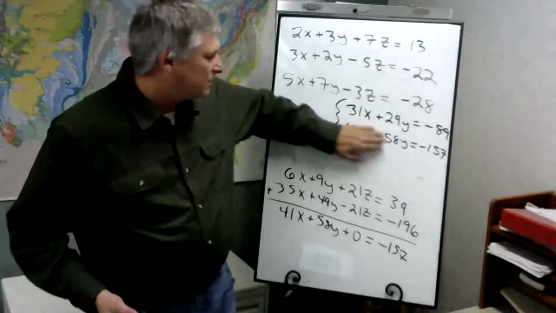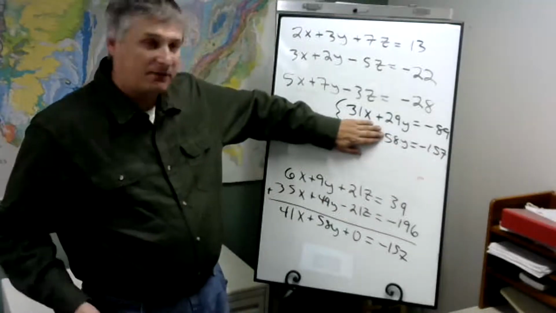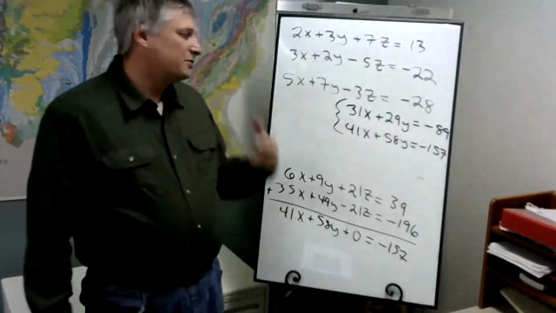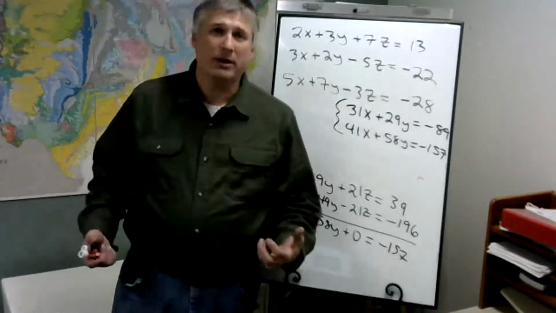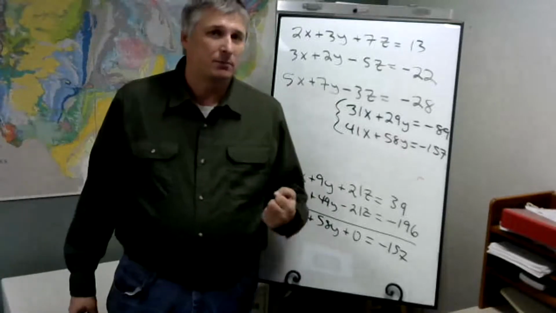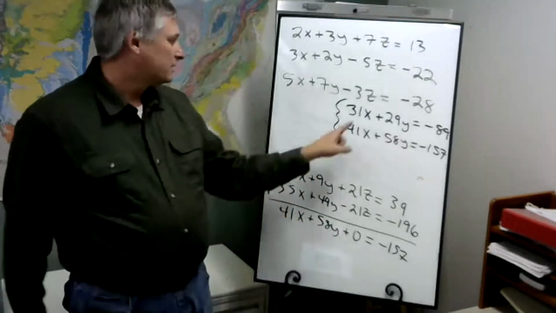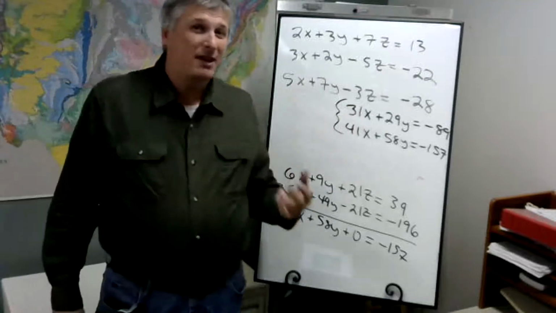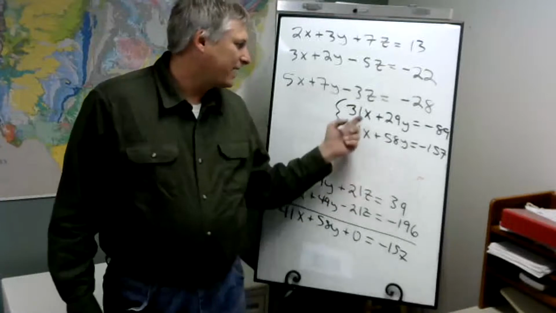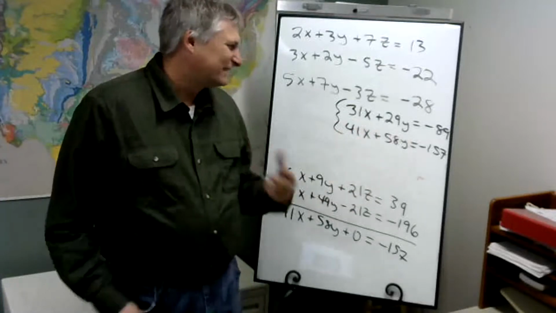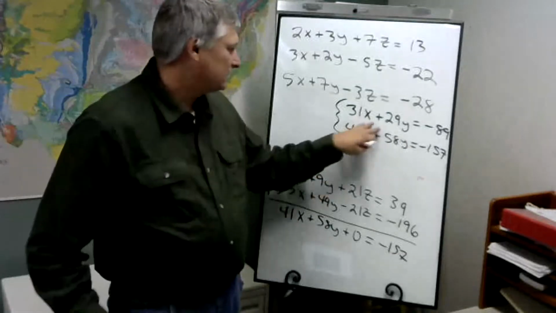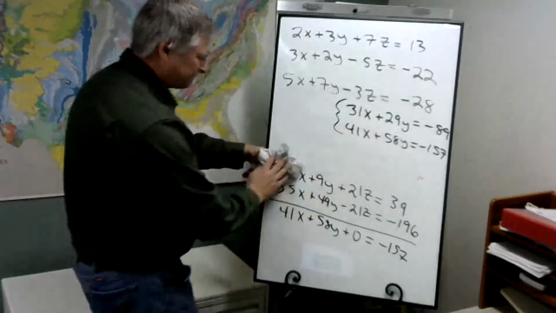So for this equation, you just divide both sides by 58, but now we've got an x term. So we're going to solve this new system of two equations with two variables using the techniques from the previous system. And keep in mind, these two equations have the same two variables, x and y. If we had x and y, and x and z, this isn't going to work. So two equations, same two variables.